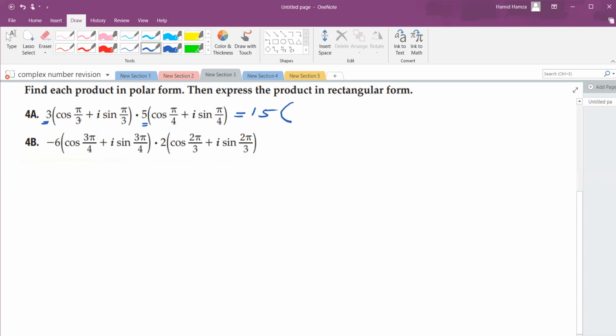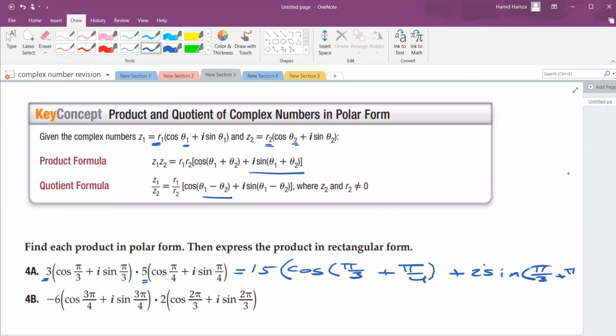And we will add the angles, so it will be cosine of pi over 3 plus the second angle, pi over 4, plus i sine of pi over 3 plus pi over 4.